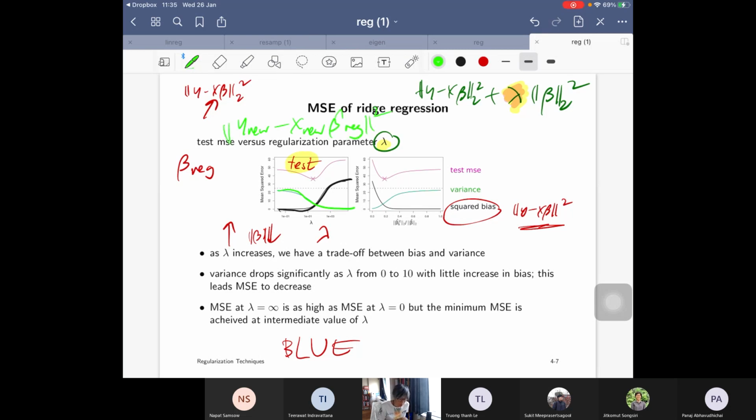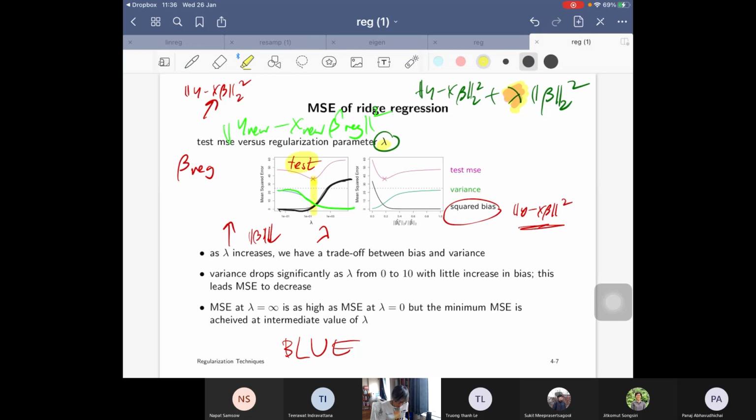And then you compute the norm squared divided by the number of samples, that's the test MSE. We can see a recommended value of the penalty parameter that achieves the lowest test MSE.